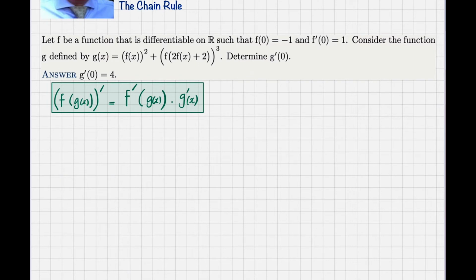So this means that first of all, I have to focus and try to differentiate function g. But of course, g is defined in terms of f, so I have to differentiate the right-hand side. So g prime of x would be equal to the derivative of this combination, f of x to the 2 plus f of 2 f of x plus 2 cubed.